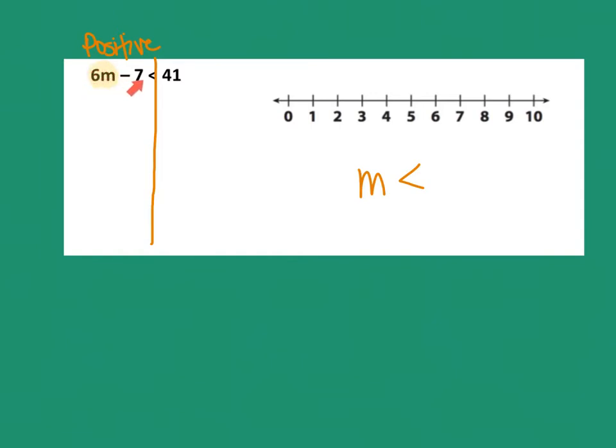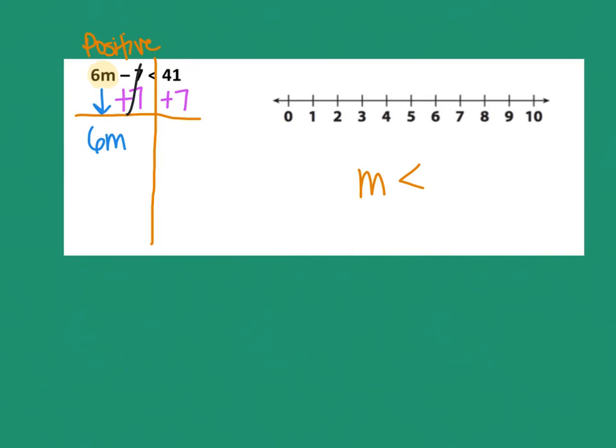So negative 7, the opposite of that is positive 7. Whatever I do to one side, I need to do to the opposite, just like in fractions with our numerators and denominators. I'm going to bring down the 6m. The negative 7 and the positive 7 cancel each other out.